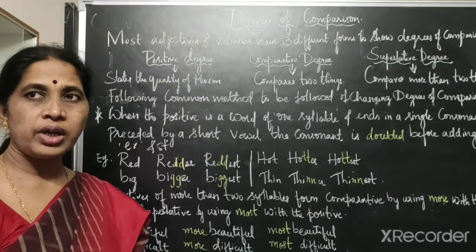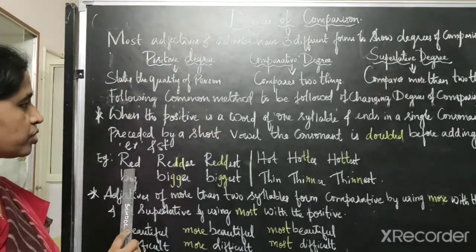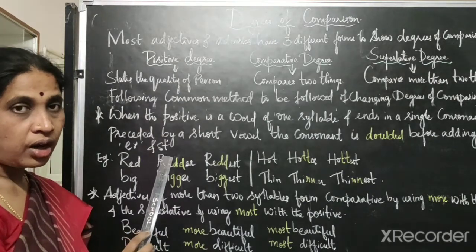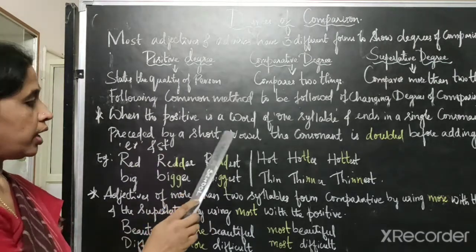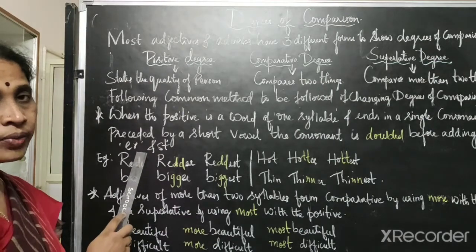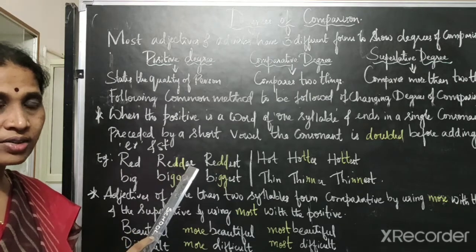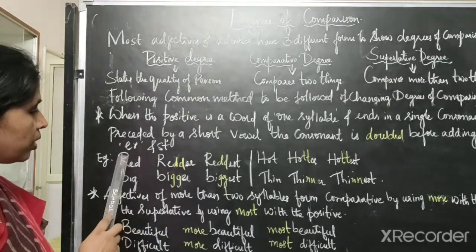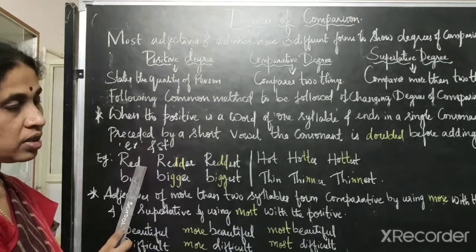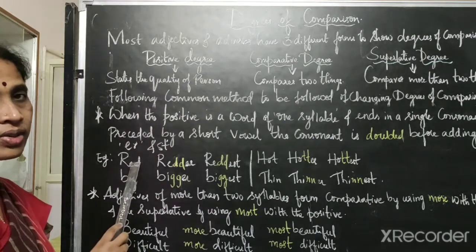The next rule is when the positive word has one syllable, that is a part of speech or a sound of a vowel, and ends in a single consonant. See, this is D. As I told earlier, the letters A, E, I, O, U are vowels and the rest of the letters are known as consonants. Look at this word. It is a word of one syllable and ends with one single consonant, preceded by a short vowel.